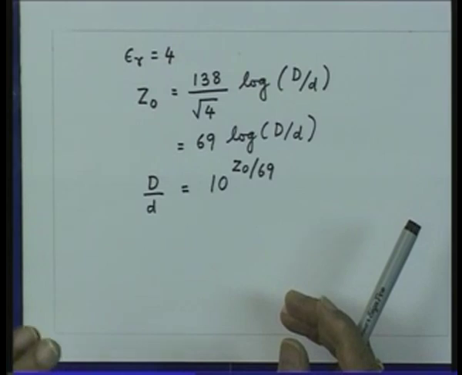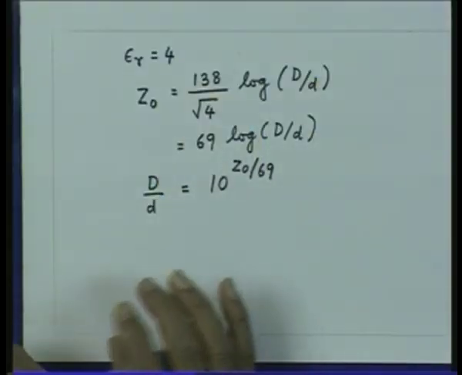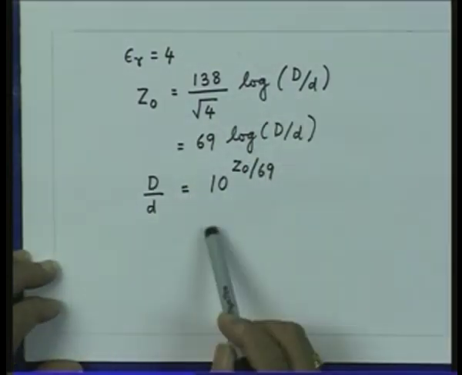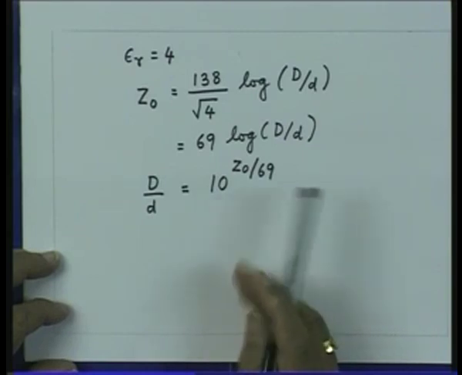So, the size of the outer conductor compared to the inner conductor increases very rapidly as the characteristic impedance of this line increases. What that means is that the coaxial structure is more suited for realizing low characteristic impedances. And that is the reason typically the coaxial lines used in practice have characteristic impedances of 50 ohms, 75 ohms, something like that.